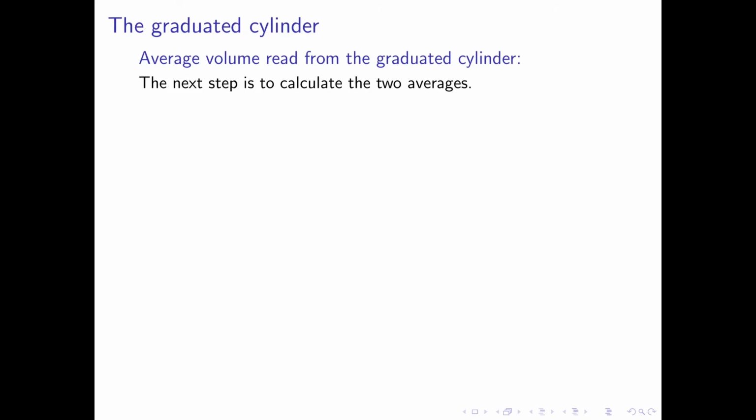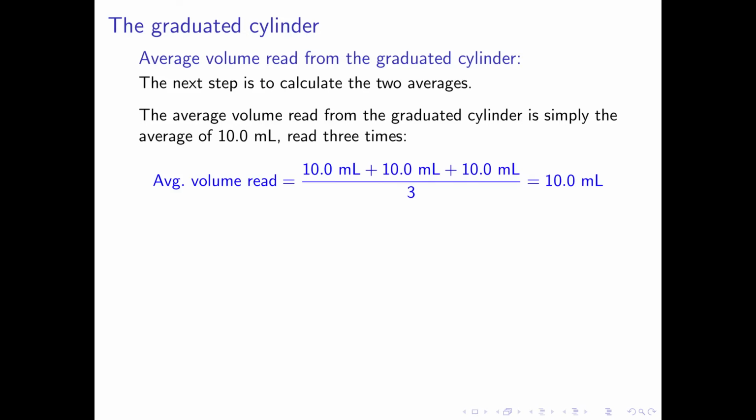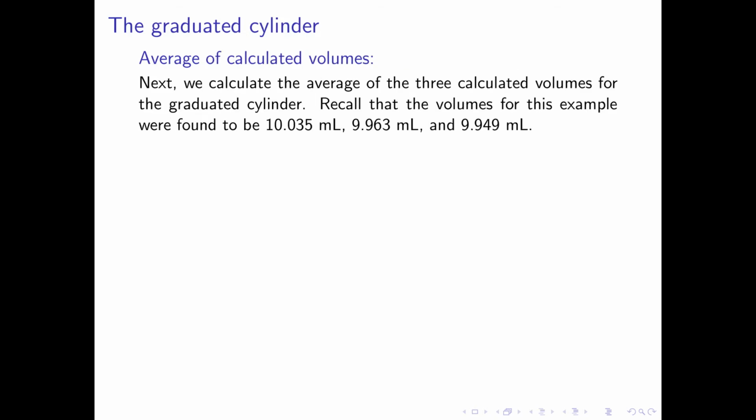We can now calculate the two average volumes. First, the average volume read from the graduated cylinder, which is just the average of 10.0 milliliters read 3 different times, or 10.0 plus 10.0 plus 10.0 milliliters divided by 3, or 10.0 milliliters. Now we can determine the average of the 3 calculated volumes delivered by the graduated cylinder.